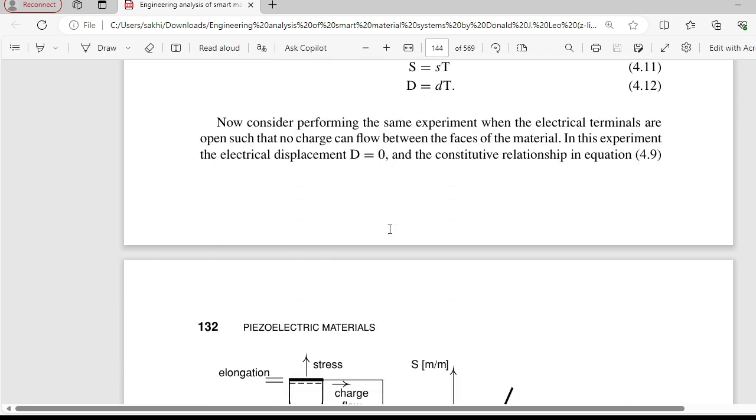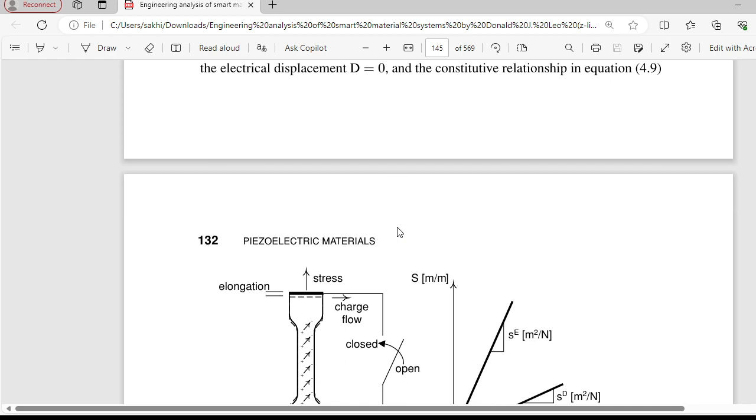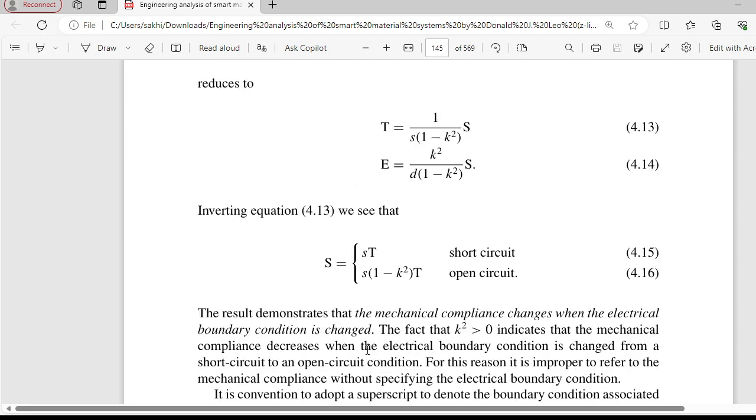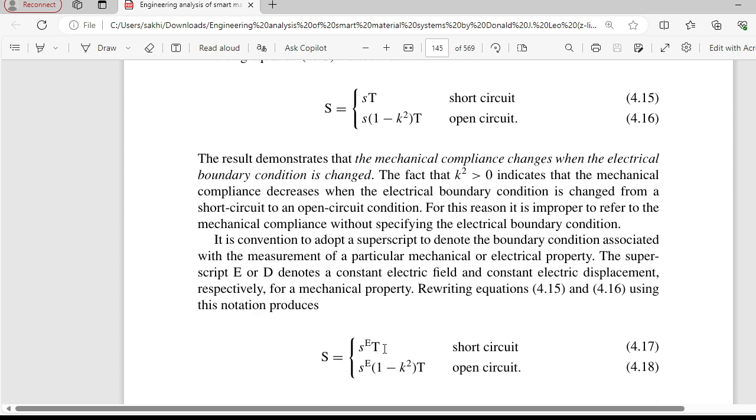In the next video we will derive the piezoelectric stack equations and the sensor equations, and see what the applications of piezoelectric materials are in the real world, and how we can derive these kinds of equations for those applications, right?